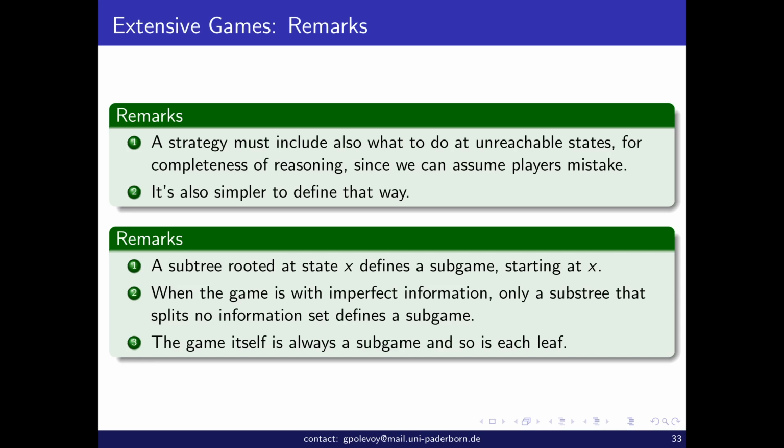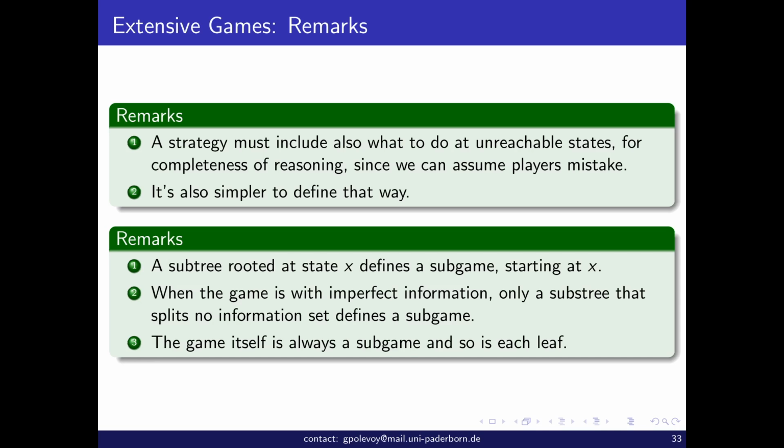It does matter, however, in some models, what the player does on a node which they will never reach, because the other player, for example, can take this into account as a possible threat and so on and so forth. It depends on how we analyze the game. So it's important to remember that the strategy has to define what the player does on any one of her states, or generally speaking, information sets, if it's a game with imperfect information.